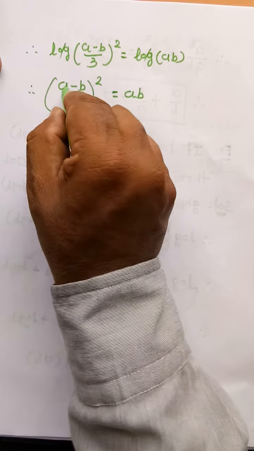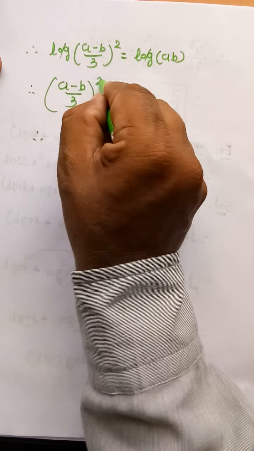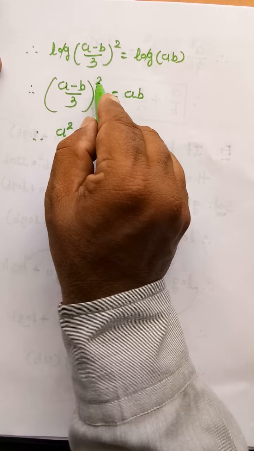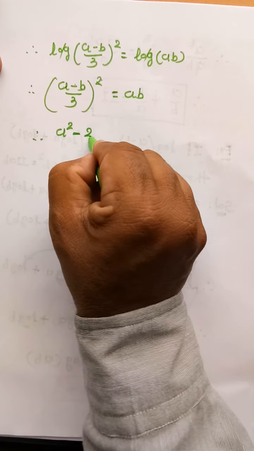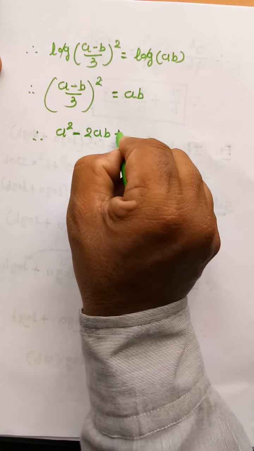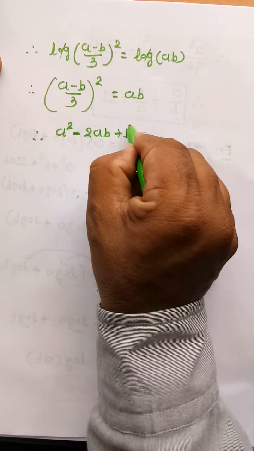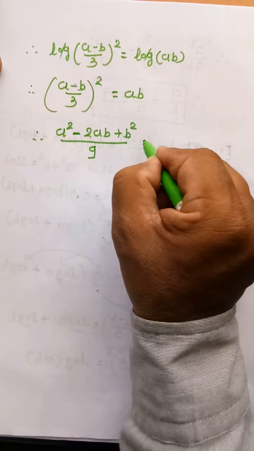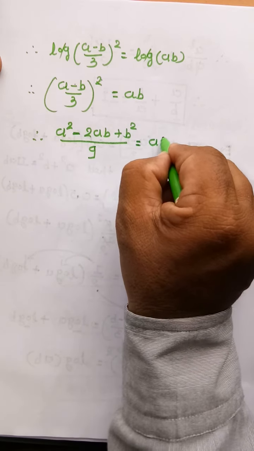Now here (a minus b) whole square, that is a square minus 2ab plus b square. Now 3 square is equal to 9, so here 9 is equal to ab.